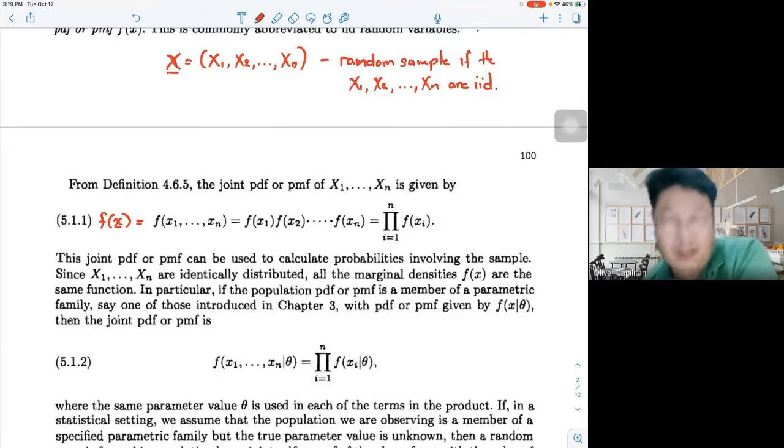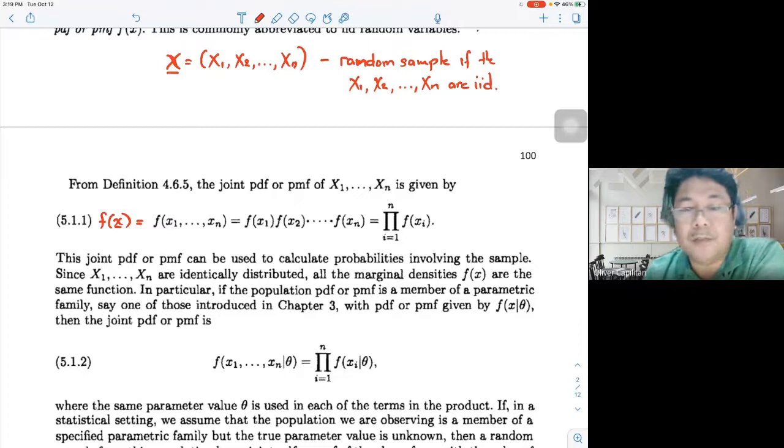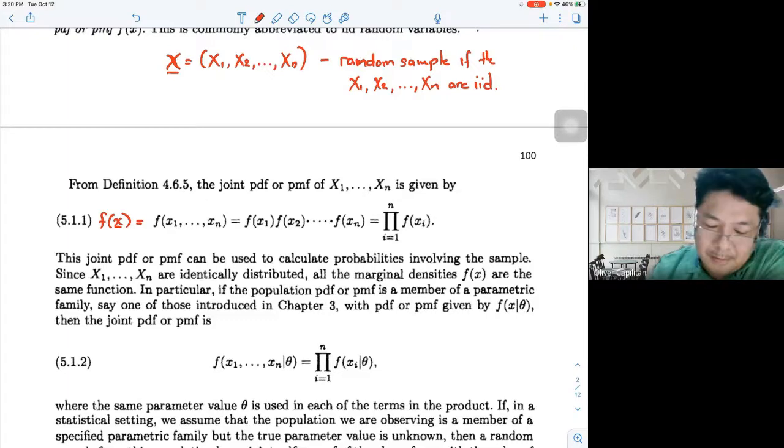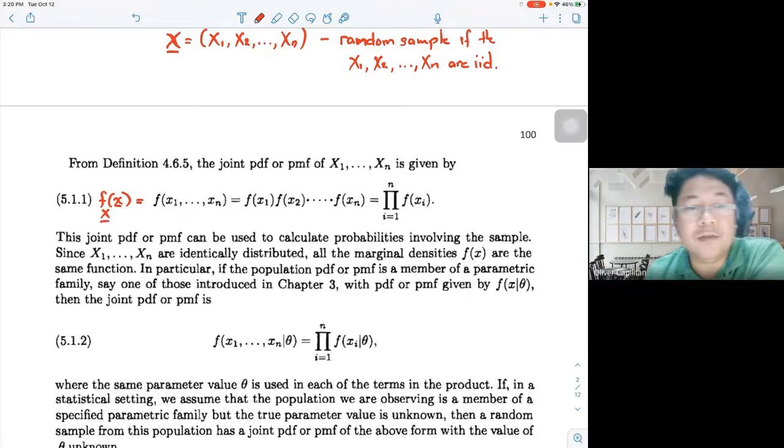Based on Definition 4.6.5, in which we assume that the random variables are mutually independent, the PDF of these random variables, with that notation, is the product of the marginal PDFs or PMFs. Since we assume that they are mutually independent, this is equal to the product, using the product notation, of f of x sub i, i from 1 up to n.